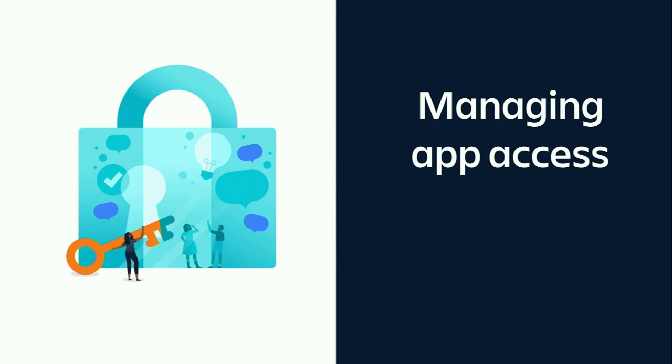As I mentioned before, these 3LO apps are actually installed by users, so there's no admin involved in any of this. So we have a couple of extra things to make sure this access is under control, and that you can use this stuff securely.